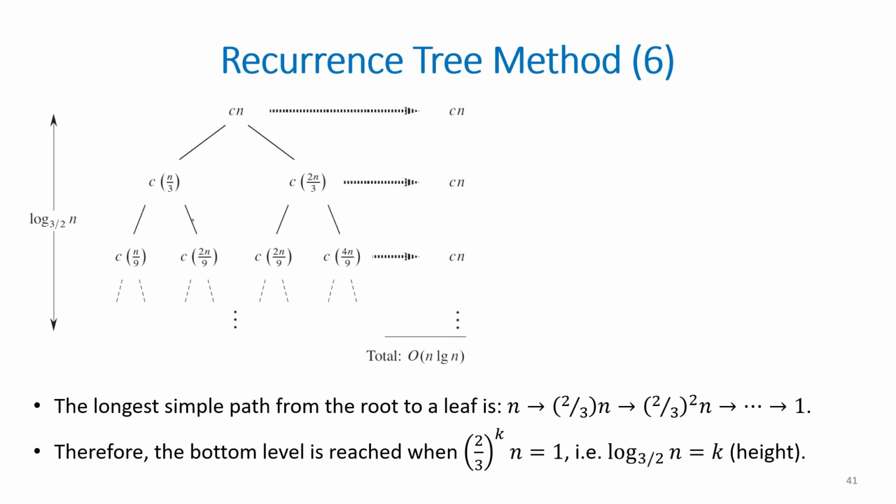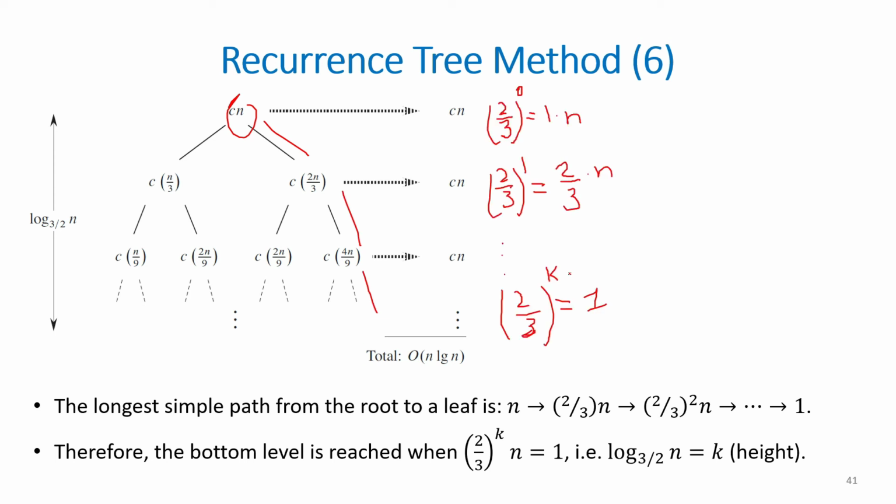This partitioning continues until we reach leaves of size 1. But we note that these two branches do not grow at the same rate. That means one side of the tree grows at a faster rate while the other side grows at a slower rate. So the longest simple path from the root to the leaves would be this path.